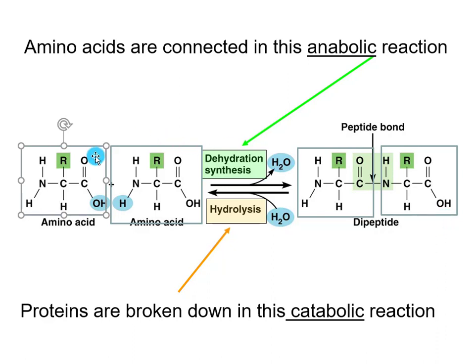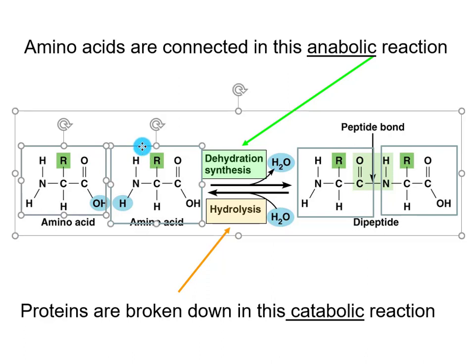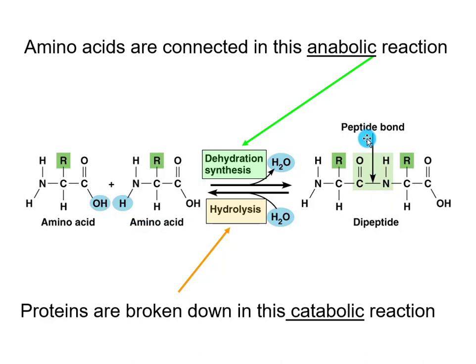So now, what did I just do? Let me go ahead and delete these boxes so we can unclutter the picture. What we just did is that we connected these two, and I synthesized this peptide bond, and in doing so, I made a dipeptide. That shouldn't be new to you because we talked about monosaccharides hooking up to become disaccharides, and if you add on another monosaccharide, we would just call it a polysaccharide, right?